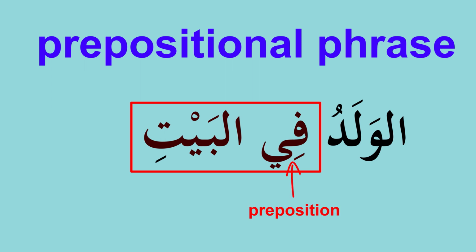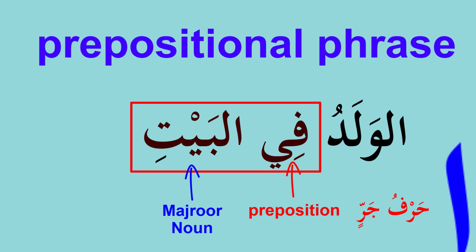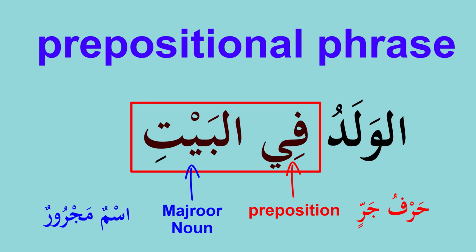You can say for the time being preposition. Later on you will say harf jar. If it is harf jar, then the ism has to be majroor. If I shout at you, 'Harf jar?' you will shout back at me, 'Ism majroor.'